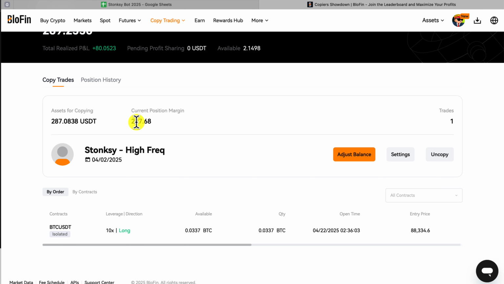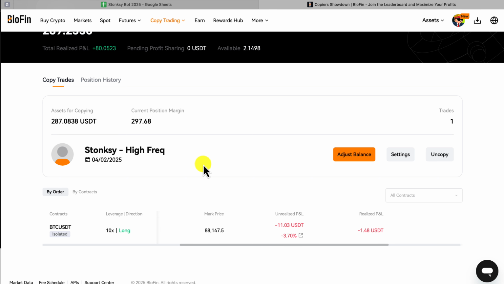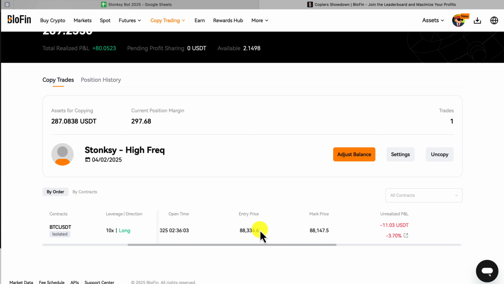The current position is 297.68 USDT, and I think that is because there were some fees involved with opening the trade, which is showing here as the realized profit and loss, so that's like 1.48 USDT. So it did indeed take as much as it needed to open the trade fully.